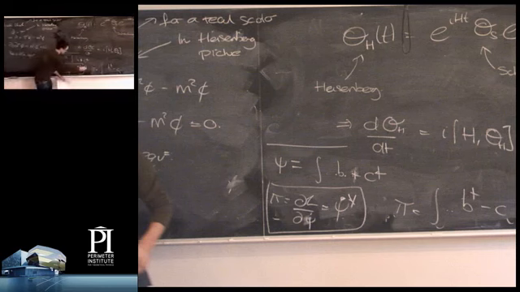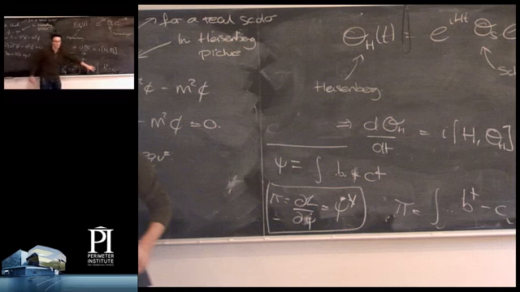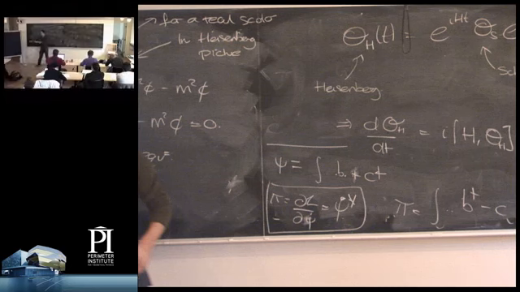So strictly speaking, there shouldn't be an equal sign between these two equations. I maybe put an equal sign on the board. Sorry, so there's a conceptual difference between this calculation and this calculation, which I didn't stress. Thanks. So how do you get pi is equal to B dagger minus C from?